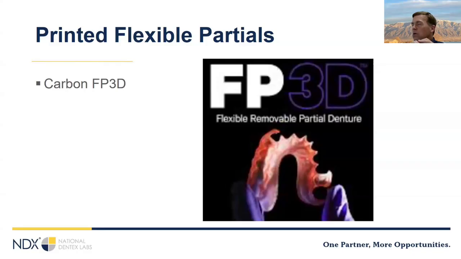So this is an interesting process, and I like materials and stuff, so I'll tell you a little bit about it, but I don't want to really dig into it. Carbon makes a lot of other weird things that are not related to dental, like they make Adidas shoes, and the inserts for the NFL's helmets.